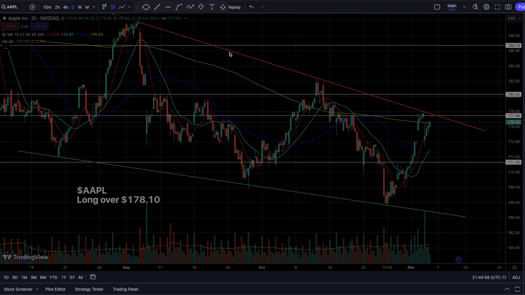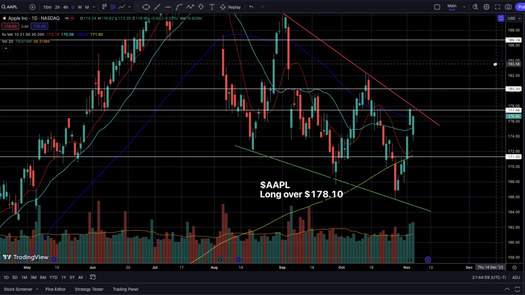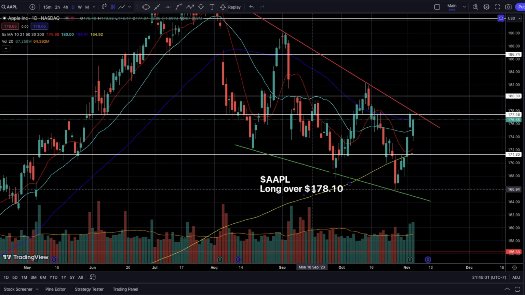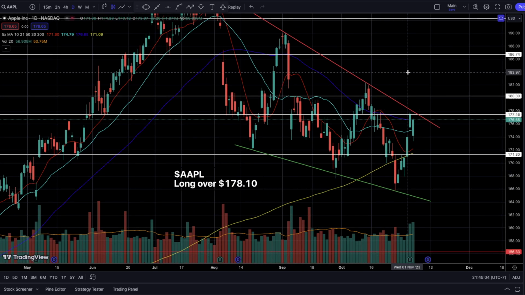Now, this may completely contradict my overall market insight for this week, but I have seen Apple acting on its own regardless of what the market is doing. Even if the market is pulling back even just 1% on one single day, Apple can still decide to do its own thing and have maybe a pretty positive, tight-ranged green day.